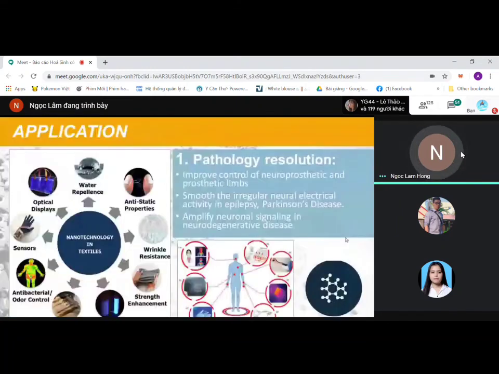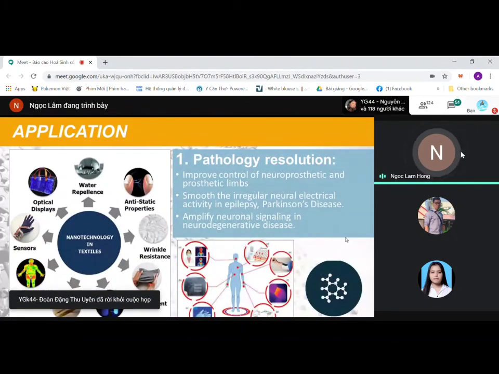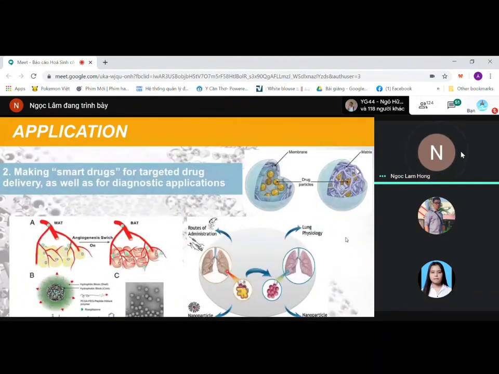And about its applications, the first one is pathology resolution to improve control of neuron prosthetics and prosthetic limbs, or smooth the irregular neuroelectrical activities, or amplify neuronal signaling. The second application is making smart drugs for targeted drug delivery, as well as for diagnostic applications.